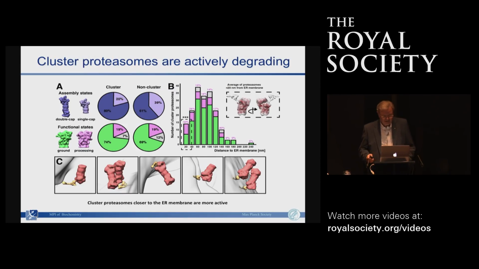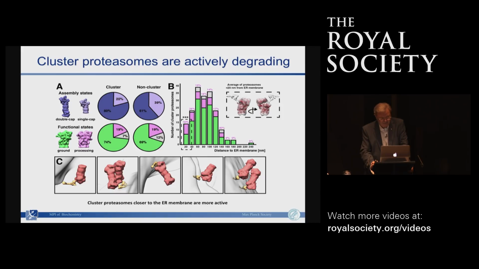Now, again, we can do the analysis a little bit further, not only assembly states, we can also look at the functional states. It looks at a glance here that with outside clusters or inside clusters, the proportion of those in the substrate processing state is the same.